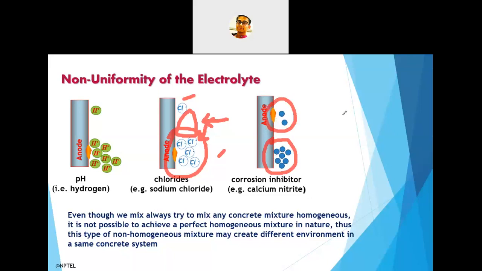These are also examples of non-uniformity of the electrolyte. Here again I remind you that electrolyte means the concrete system, when we talk about steel-concrete.